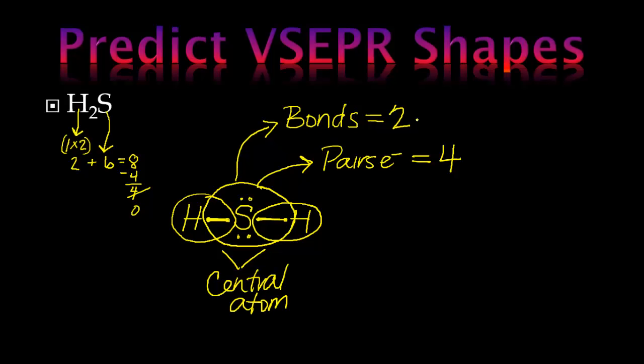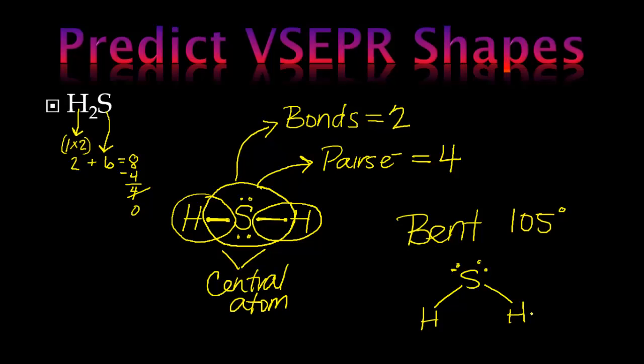And if you go down or across, 4 pairs, 2 bonds, you're going to get bent, 105. So you'll have sulfur, your electrons kind of off to the side, and then your hydrogens down here in this bent type shape.